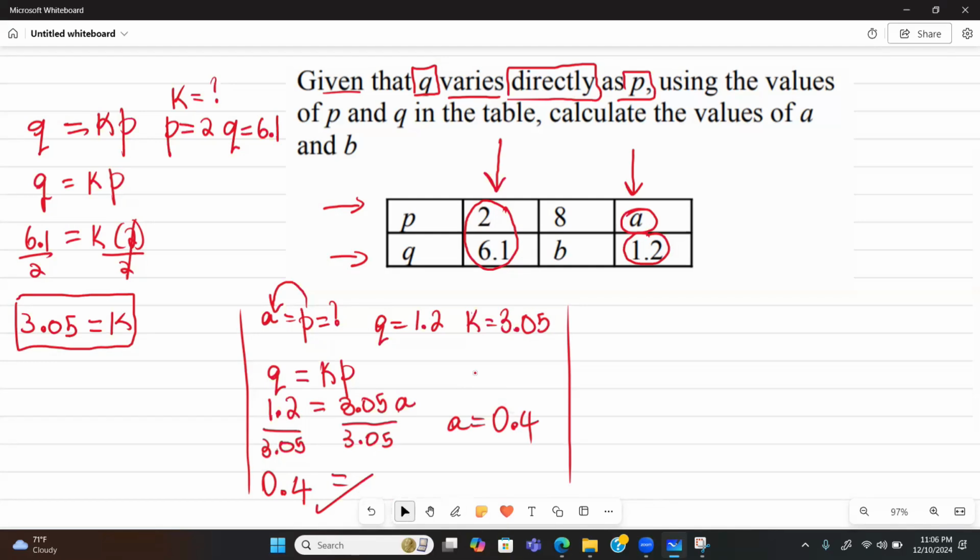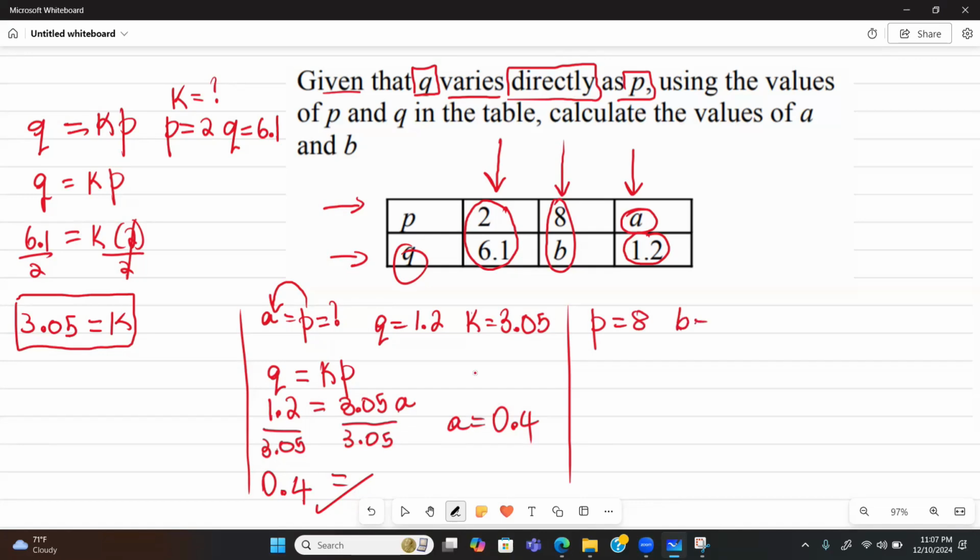Now, let's take a look at finding the b value. If we're going to find the b value, we're going to go where the b value is. It's in the column. It's a q value, right? So we're looking for q. It is labeled as b. And we have a p value, which is 8. So watch this. p is equal to 8.